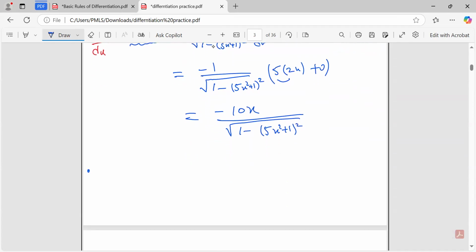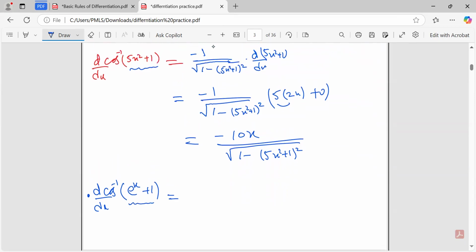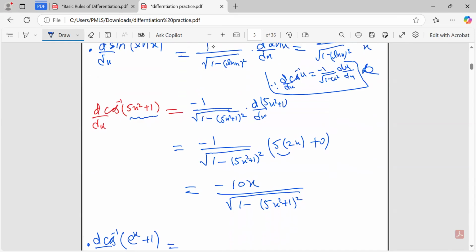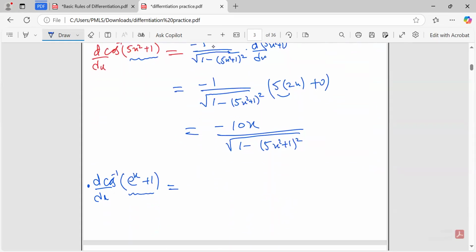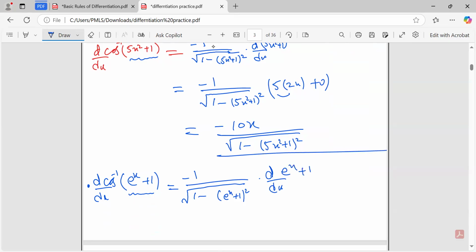Okay, in the same way, if you need to find the derivative of cos inverse of any function, for example, in this case we take e raised to the power x plus 1. So this means that u in this case is this. By applying the above formula, it will be minus 1 over square root of 1 minus u squared, where u is e^x plus 1, whole squared, and take the derivative of u, that is e raised to the power x plus 1.